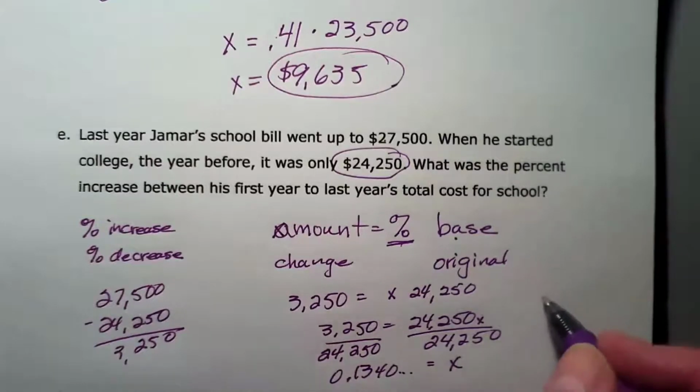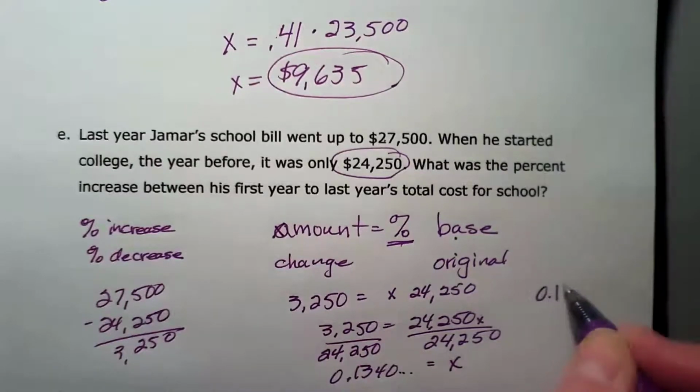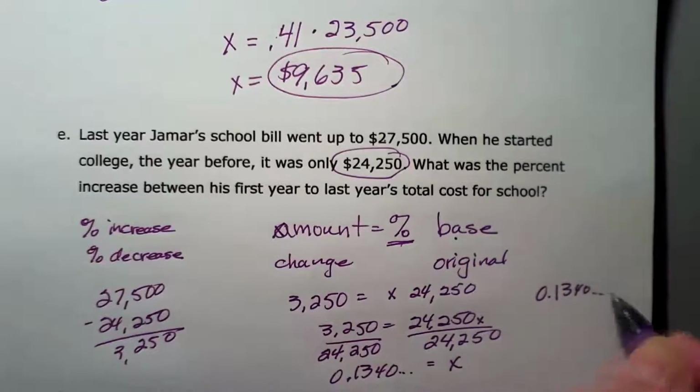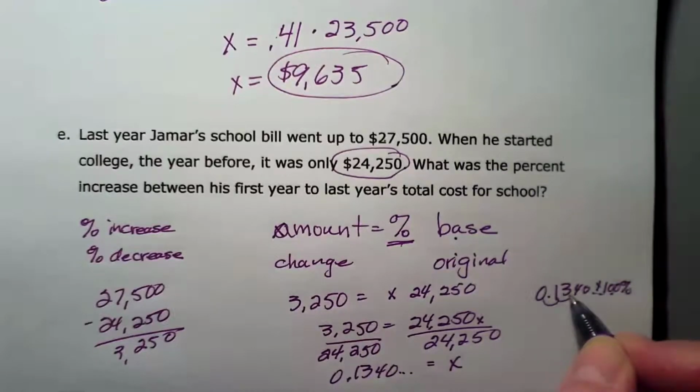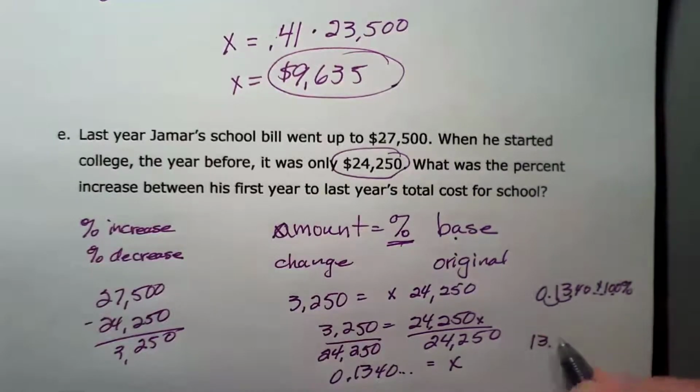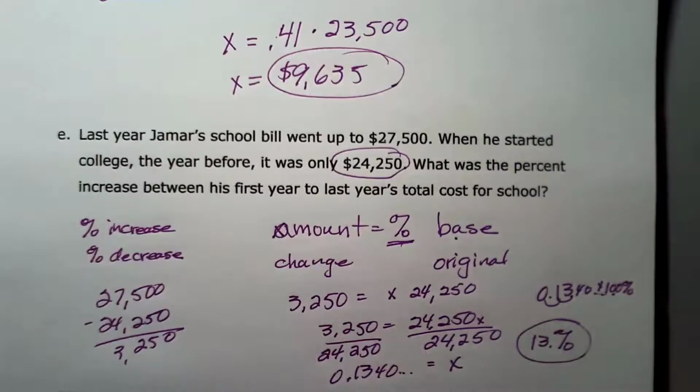If I multiply times 100%, that means I move the decimal point 2 places to the right, so it's 13 point something. But we're going to round to the nearest whole number percent, so it's 13%. So it was a 13% increase in the total cost of school.